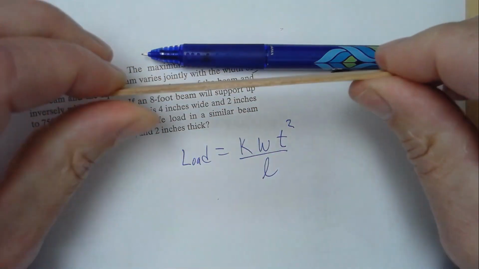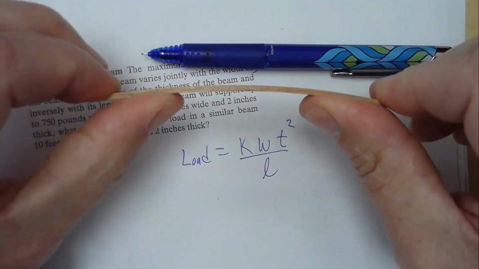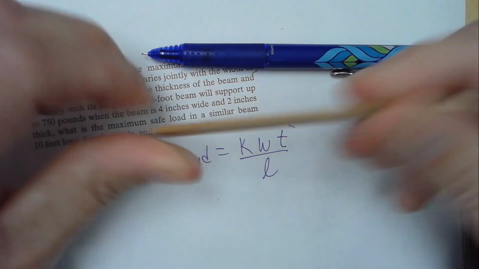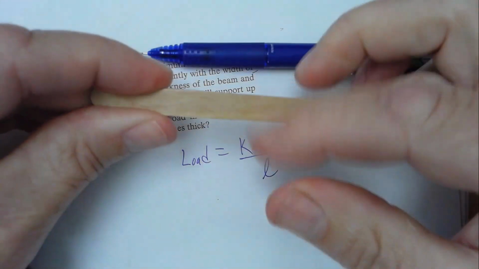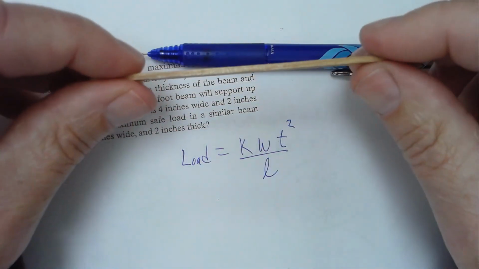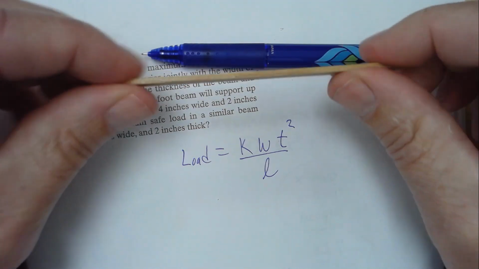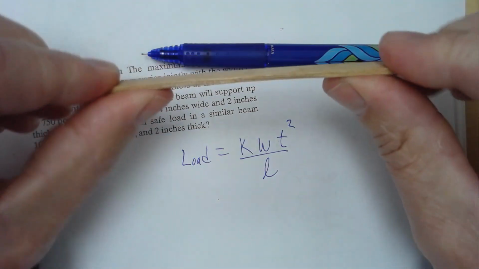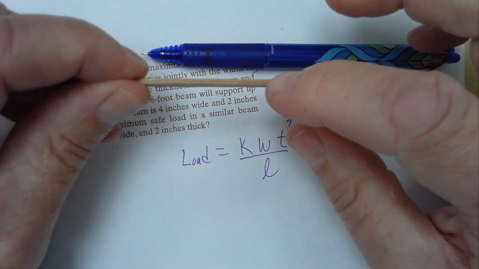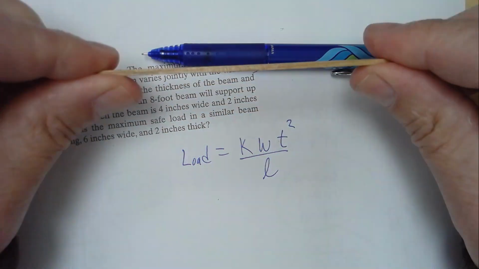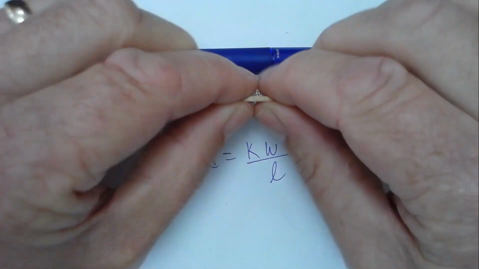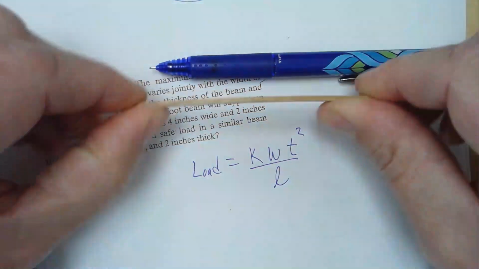If the beam is longer, then you can bend it, right? And then the thickness, how thick the wood is, the width of the wood. So we have these factors creating how strong it is, the load that this can hold. So we've got the thickness, T, the width of it, and how long it is. I can represent the length, again, by putting my fingers together, trying to bend it, versus my fingers far apart.